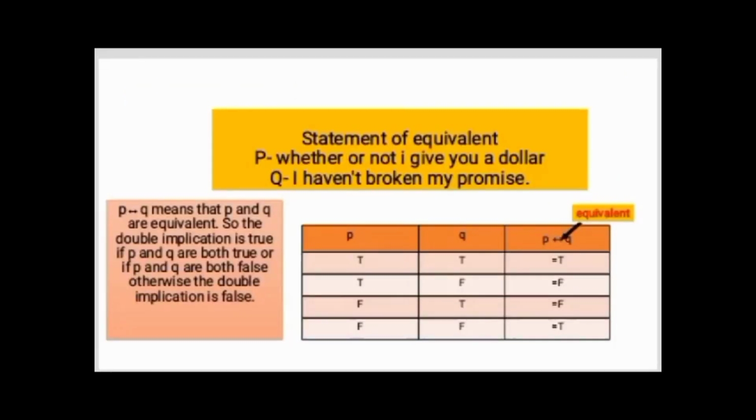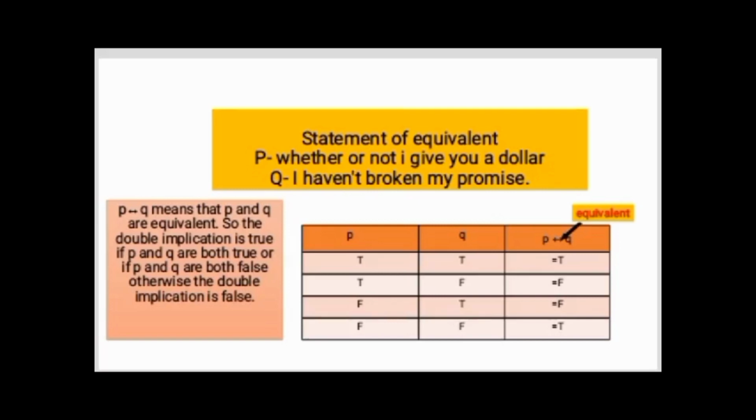The next is the word equivalent or P if and only if Q. So in that statement, you can see the sign of the equivalent, which is in the middle of P equivalent to Q. I have a statement here for this situation. The first statement, P: I give you $1.